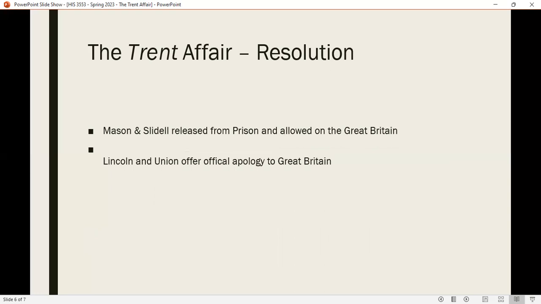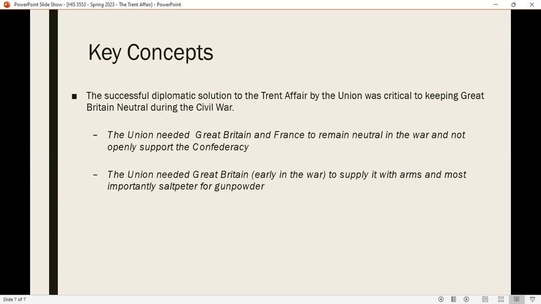They did not view them as actual diplomatic envoys, but as rogue members of the Union who should be tried for treason, as traitors. So it takes a lot of finesse and a lot of heat by Lincoln to make this apology, to get it past Congress, and to resolve this diplomatically, but thankfully it does in the end.